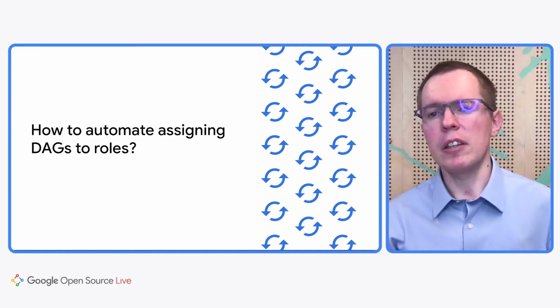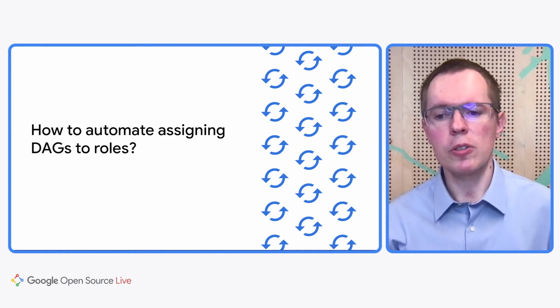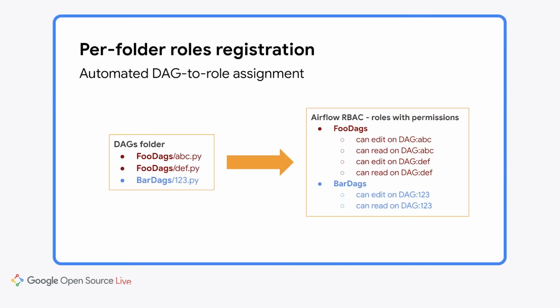But how can we automate assigning DAGs to roles? This is where we came up with the idea of per-folder roles registration. In this approach, DAGs are naturally grouped by subfolders in which the DAGs and their files are defined and where they are located in the file system, or in subfolders in Cloud Storage Bucket in case of Cloud Composer, because that's where you put your DAG files when you deploy them in Composer.